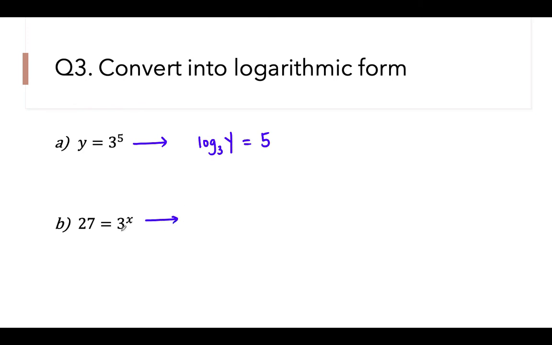Next, in this case, the base is 3 again. So log to the base of 3 of 27 is equal to x. Let's double check. 3 to the exponent of x is 27.